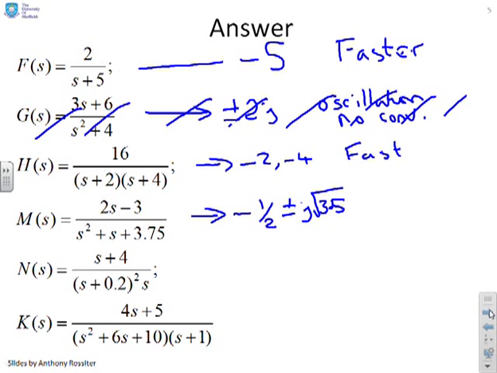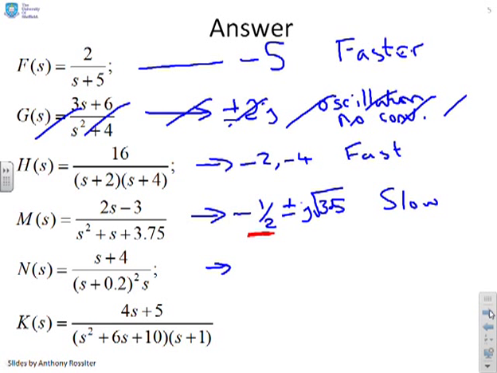A bit of a messy one there, and the key thing is you can see that this one is on the slow side because the real part of the poles are minus a half, and therefore it's not going to be as fast as the two above, whose poles are further into the left half plane.